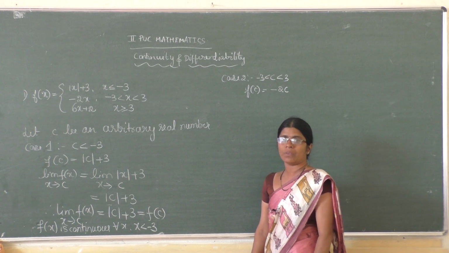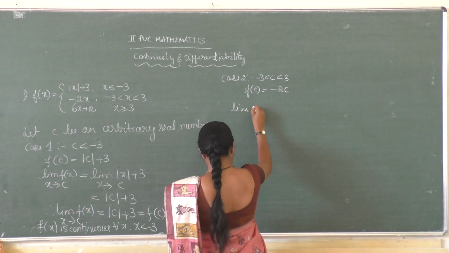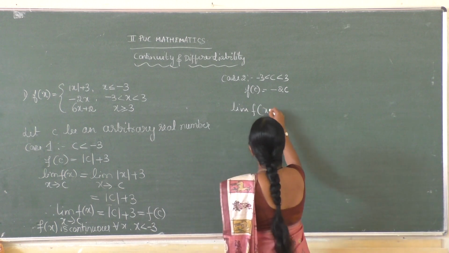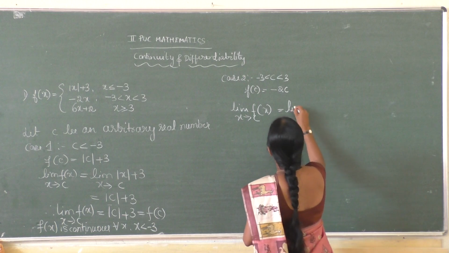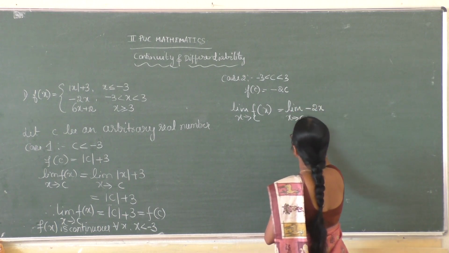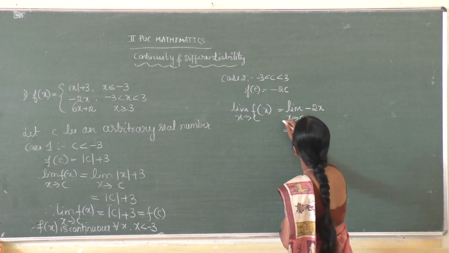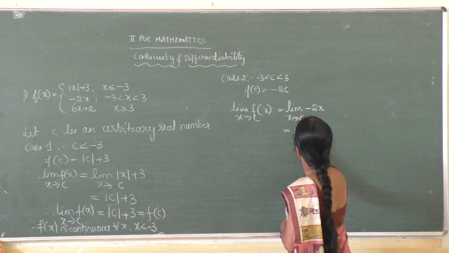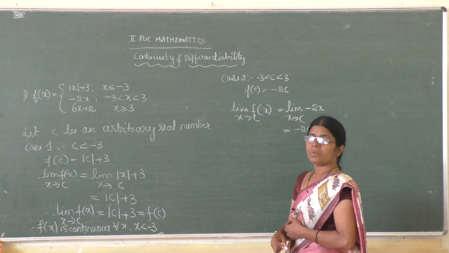So f of c equals minus 2c. Then limit of f of x as x tends to c is equal to limit of minus 2x as x tends to c, and directly in the place of x you substitute c, and you are getting minus 2c.